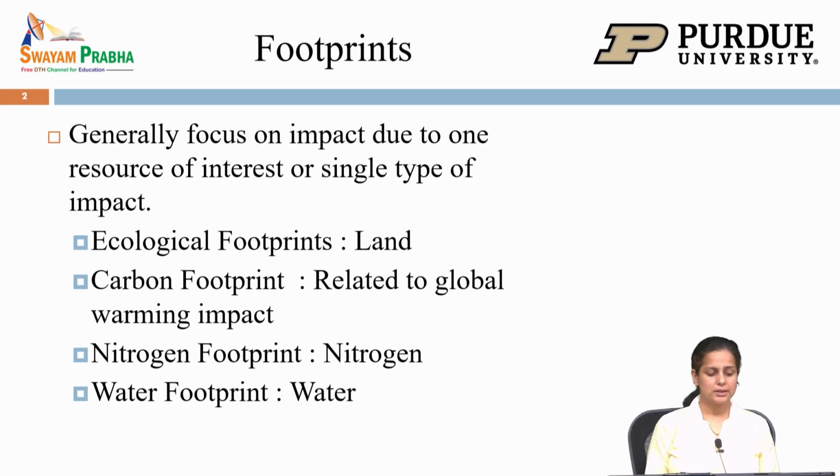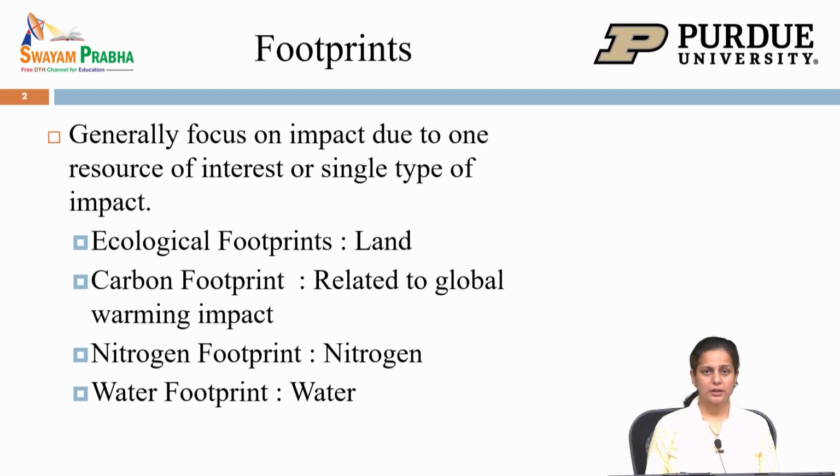Some of the examples of constrained resource are land availability. So, ecological footprints are specifically concerned about the land availability and how the human consumption of different products and our processes are exceeding the capacity of the earth to provide those resources in terms of land availability.